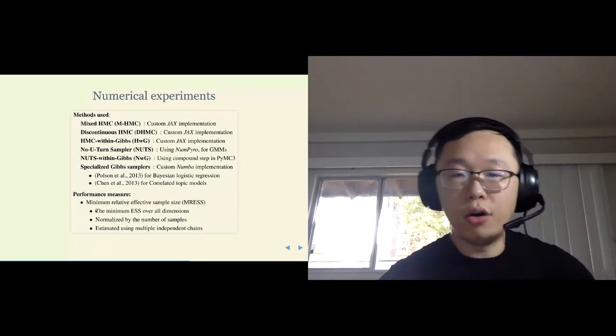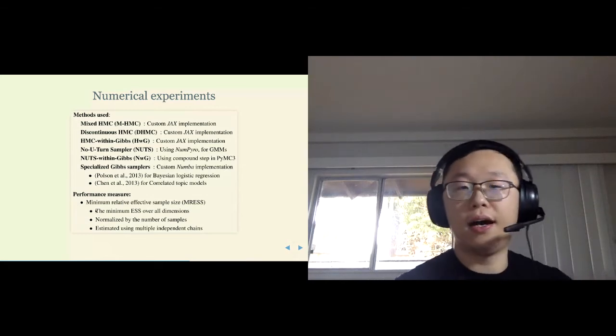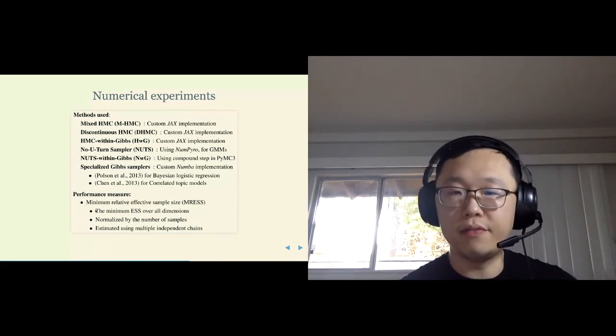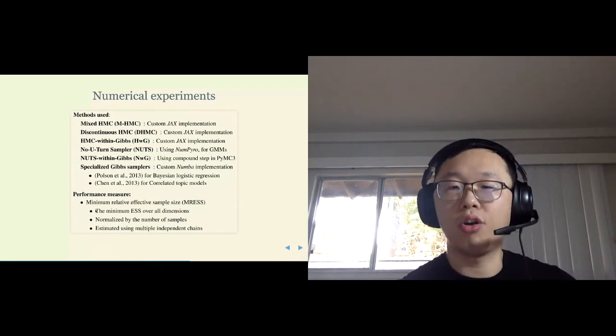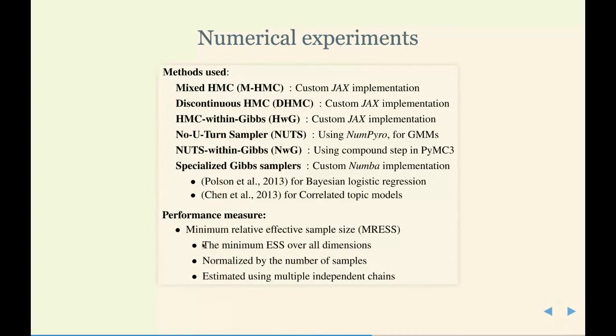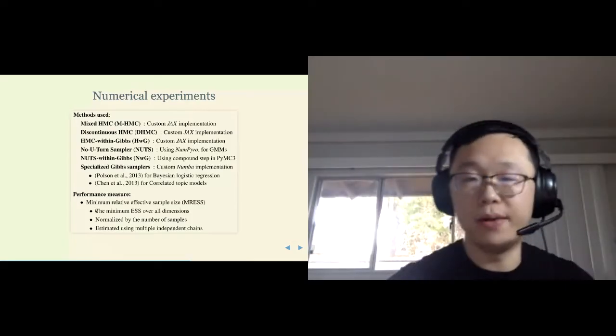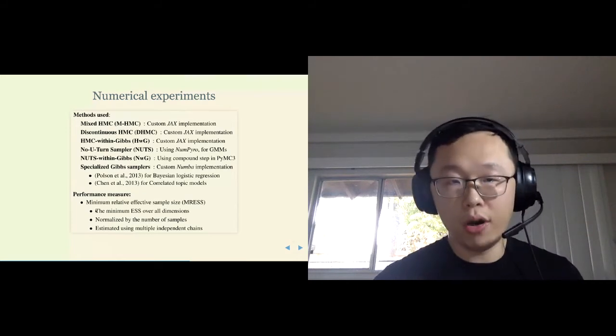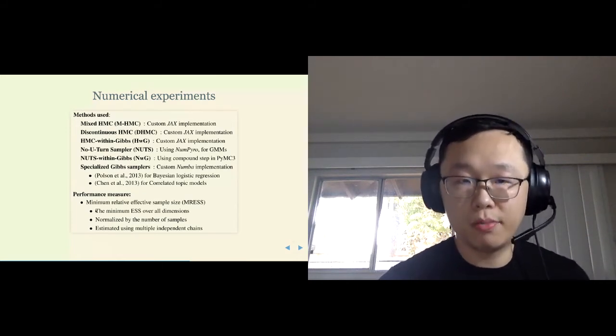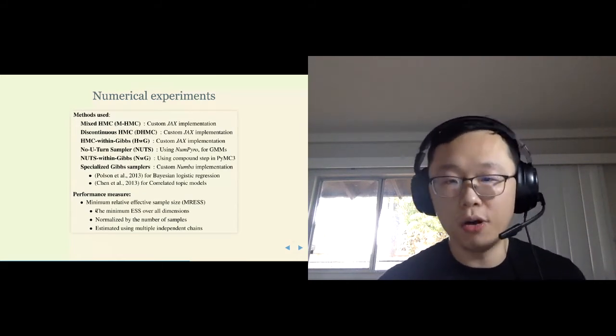Okay. In terms of performance measure, I'm calculating the minimum relative effective sample size, which is basically the minimum effective sample size across all dimensions, normalized by the number of samples and estimated using multiple independent chains. Here is a slightly more complicated Gaussian mixture model, which is 24-dimensional.